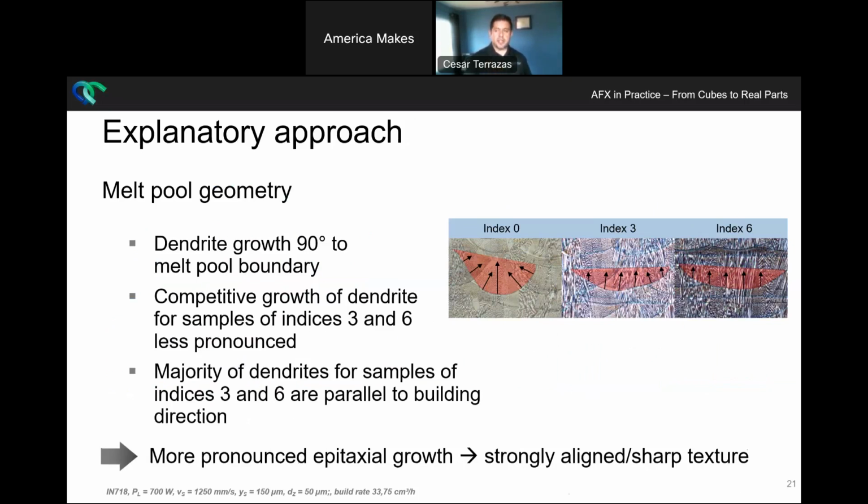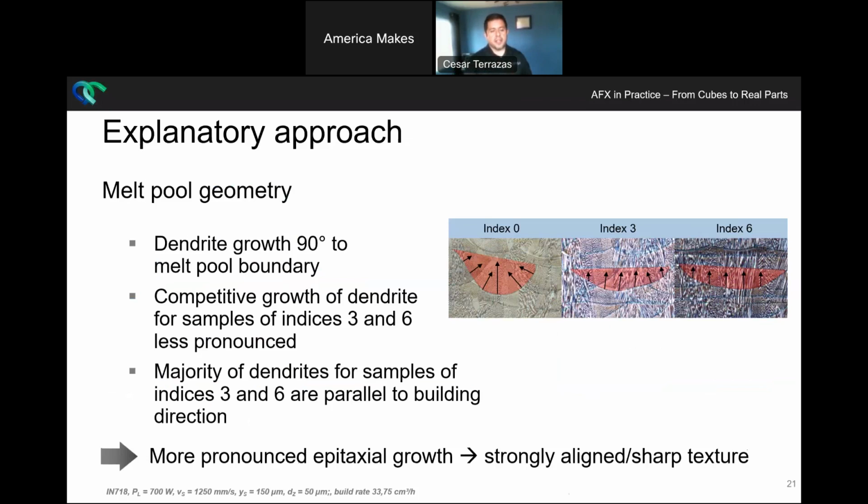And the dendrites usually are going to grow 90 degrees to the boundary of that melt pool, essentially following the thermal gradient, right? So the most energy is being deposited in the center, so you will see the dendrites actually growing towards that direction. But because of that curvature that you see in the regular melt pool, there's going to be opportunities for dendrites to grow in different directions, and eventually the grains as well.